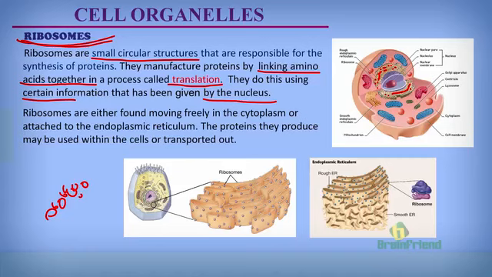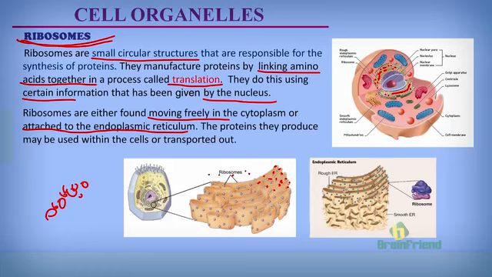Ribosomes are found all over the cell. These are ribosomes. They are either found moving freely in the cytoplasm, or they are found attached to the endoplasmic reticulum. Endoplasmic reticulum is another cell organelle which we will be looking at. So this is the endoplasmic reticulum, and these are ribosomes attached to it.